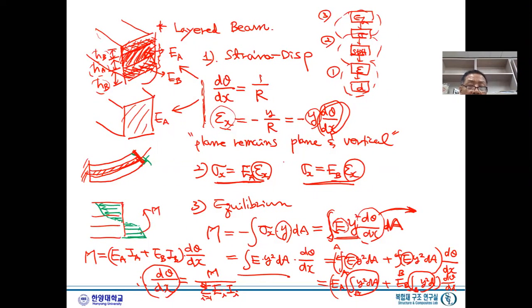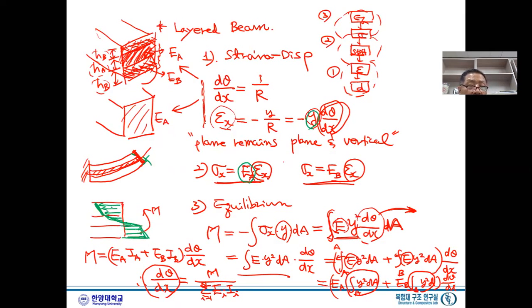So here the point is that since this is the y, it is linear. But since we have a different Young's modulus here, we have a different slope here. Okay, different slope and different slope.